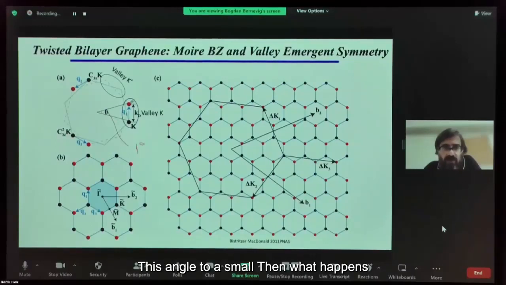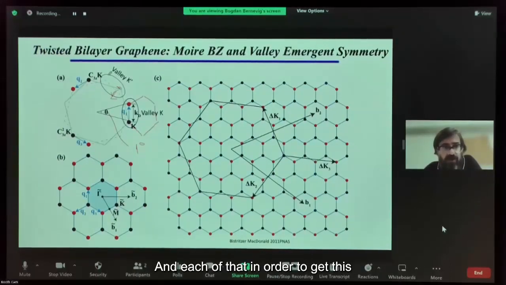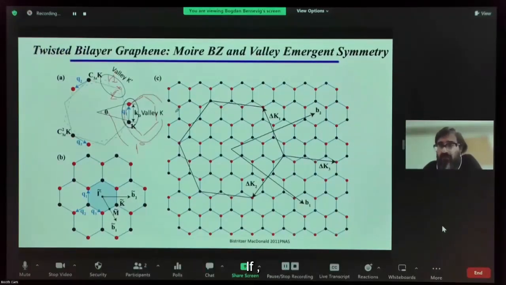Then you get a small Brillouin zone at each valley, and the valley is formed by the K point of the lower layer and the K point of the upper layer. This is the K prime point of the lower layer and the upper layer. If this angle is small, in order to get from valley K to valley K prime, to mix them, you need to do perturbation theory.